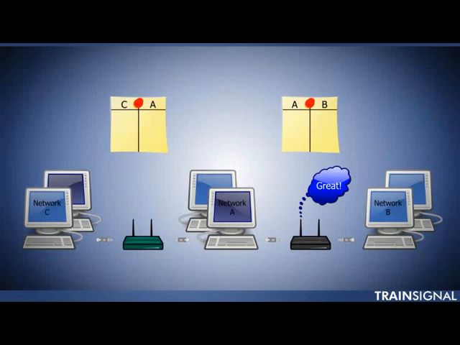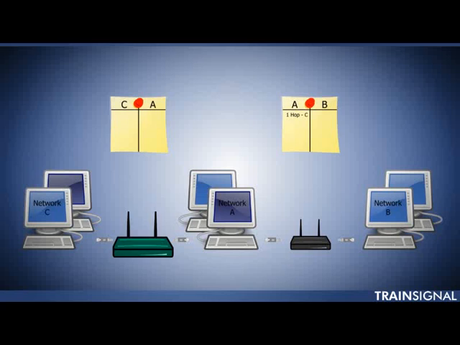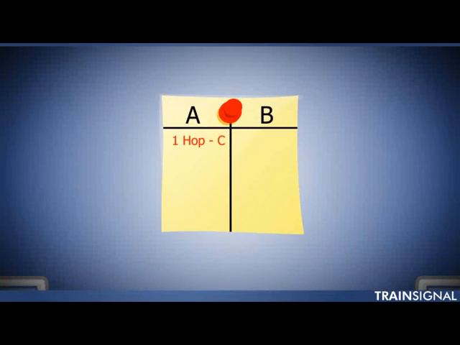I'll keep that in mind if anyone over here is looking for network C. So what I've done here is I've made an entry into my routing table that says if anyone's looking for network C, I don't know where network C is, but what I do know is that I can send it to this other router over here, and it's going to go out through network A. So through network A, I can get to network C, and it's going to be one hop.